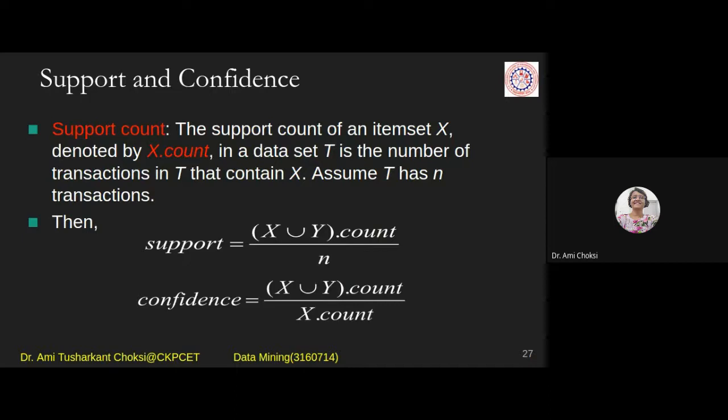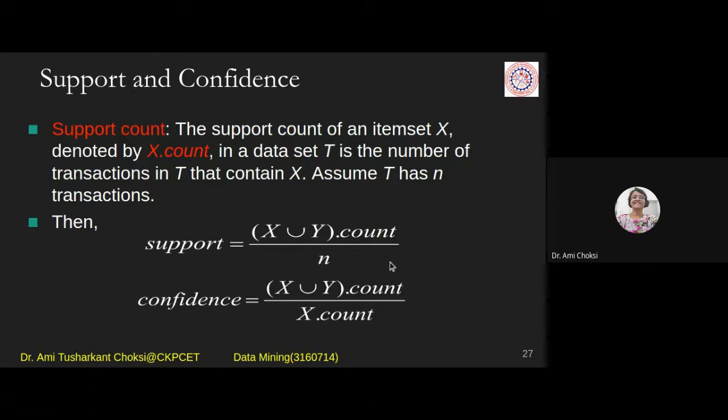If we are taking X union Y or Y union X, it doesn't matter, but in the denominator, if we are taking X dot count or Y dot count, it matters. So X implies Y and Y implies X is not the same.